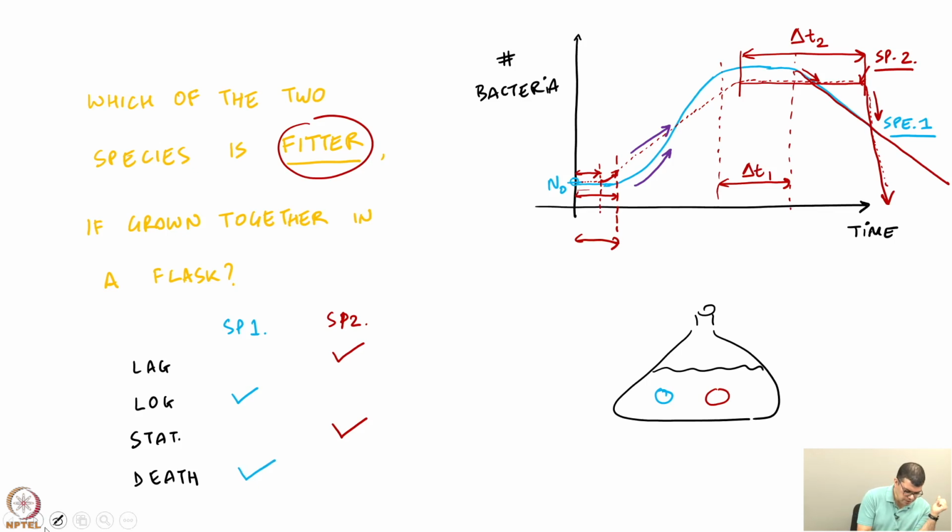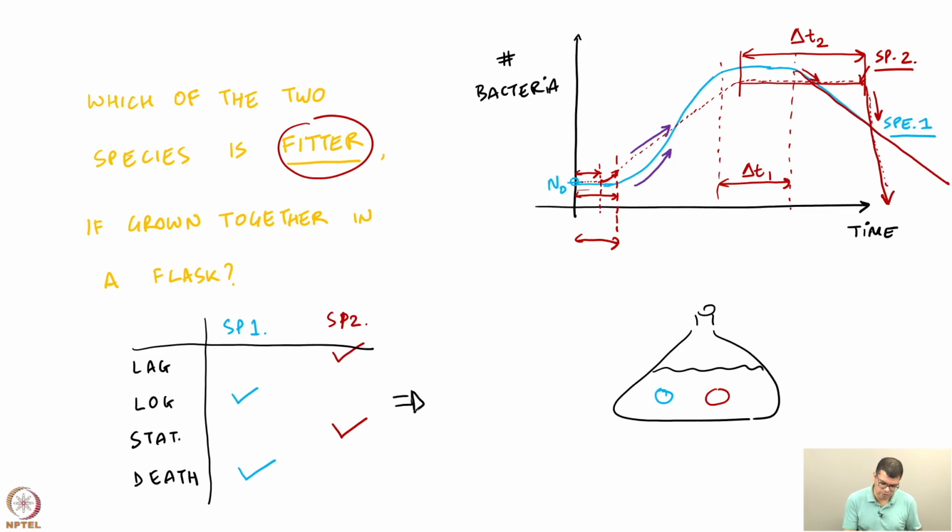So, the point of this exercise being that now we have these 4 measures of growth and fitness in a simple growth curve, and when we compare these two species, sometimes one will do better as compared to the other in some performance criteria, whereas in another performance criteria the other species will do better. So, it's not clear looking at this table which is fitter.